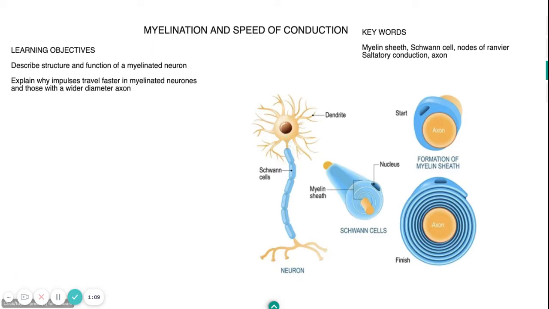So this neuron here, these little blue structures here, these are made up of a type of cell called a Schwann cell. And it's a bit like getting a pencil, and if you were to put that pencil into a piece of paper and then roll it up, you can see there's our axon.